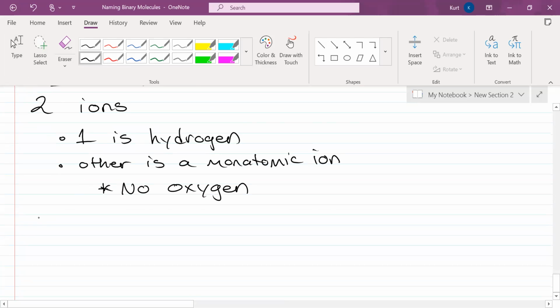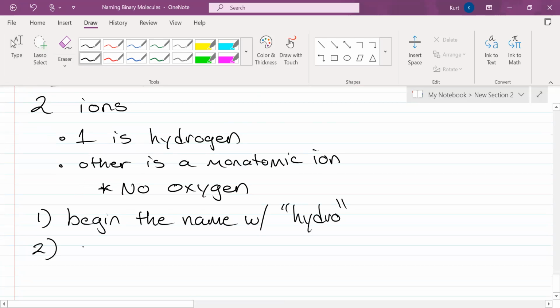That's the other acid. In rule 1, you begin the name with hydro. Number 2, you use the root name of the second element.